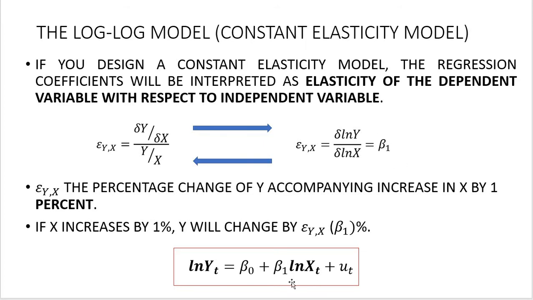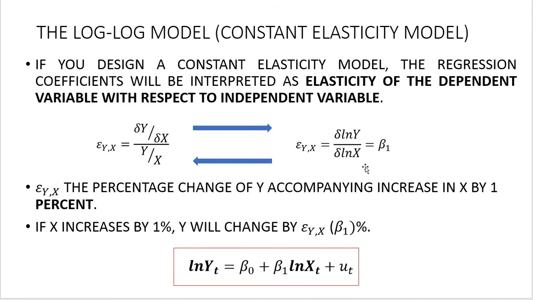So from this model we can interpret beta 1 here as the derivative of the dependent variable logarithm of y with respect to the independent variable logarithm of x, as usual, by the way. And the interesting thing, I will not present the proof in this video because it's not about econometrics, it's about your knowledge of math.